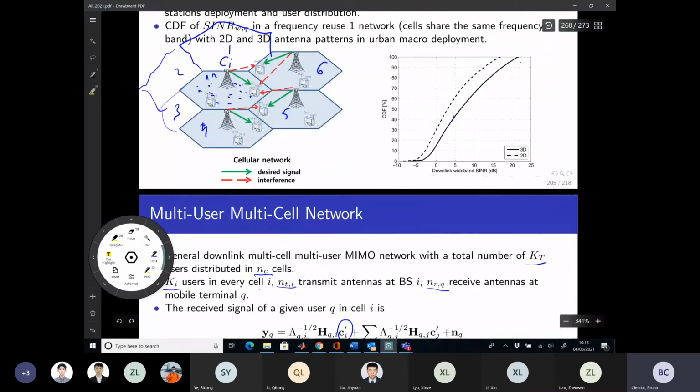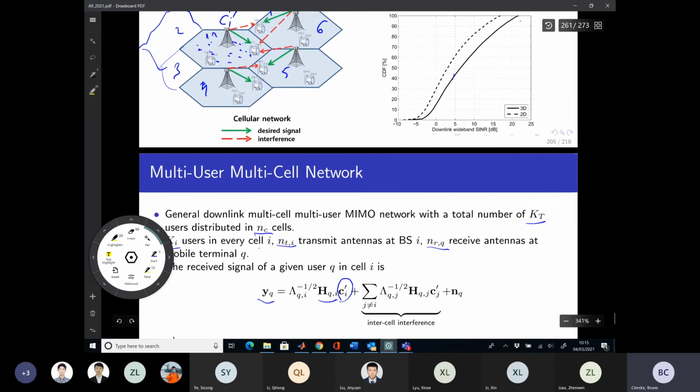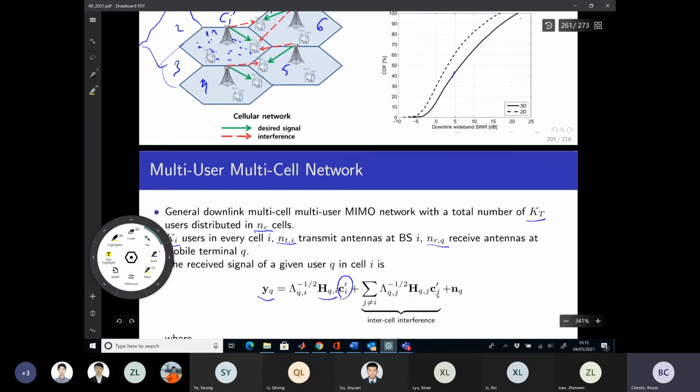That's my signal vector that is transmitted by base station i, right? And this will actually include data that's intended for that user q, but also other users in that cell. Right. Now I'm corrupted by here intercell interference. So this is what is transmitted by cell j. And I receive this at user q.